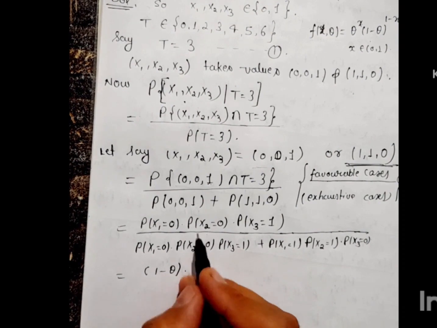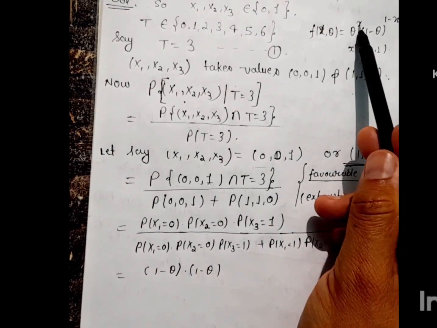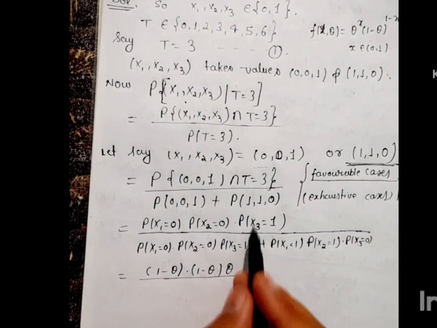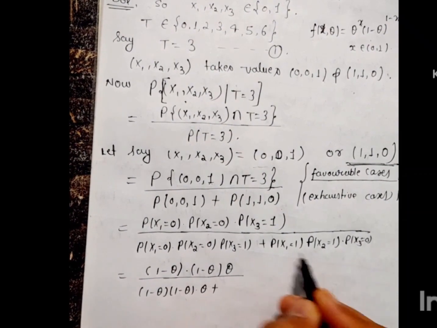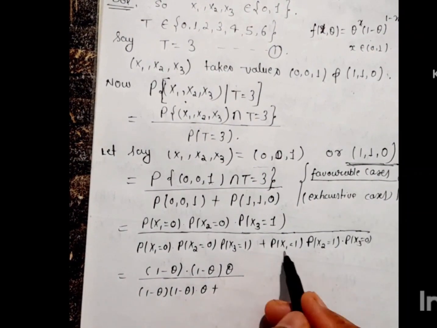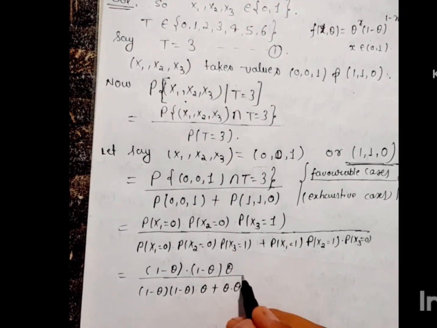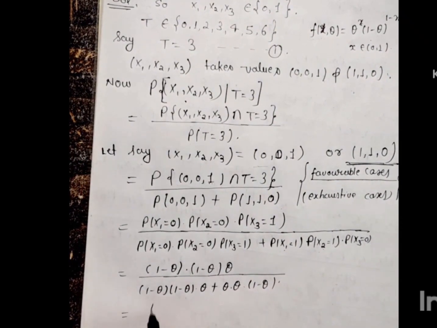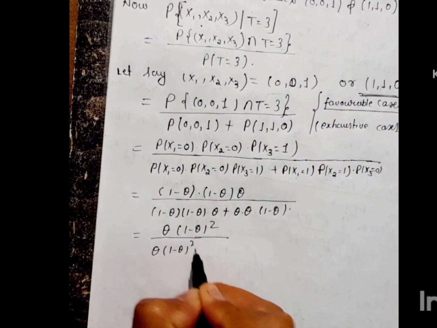The same comes out for X2, and for X3 equal to 1 it is theta, divided by the same value (1 minus theta) squared theta, plus for the other case, for x equal to 1 it comes out theta, and for the other values it comes out to be (1 minus theta) whole square, divided by theta (1 minus theta) whole square.